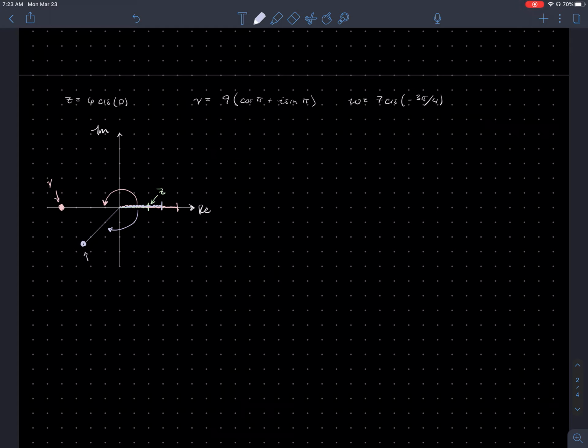So that we can say this complex number right here is our W.